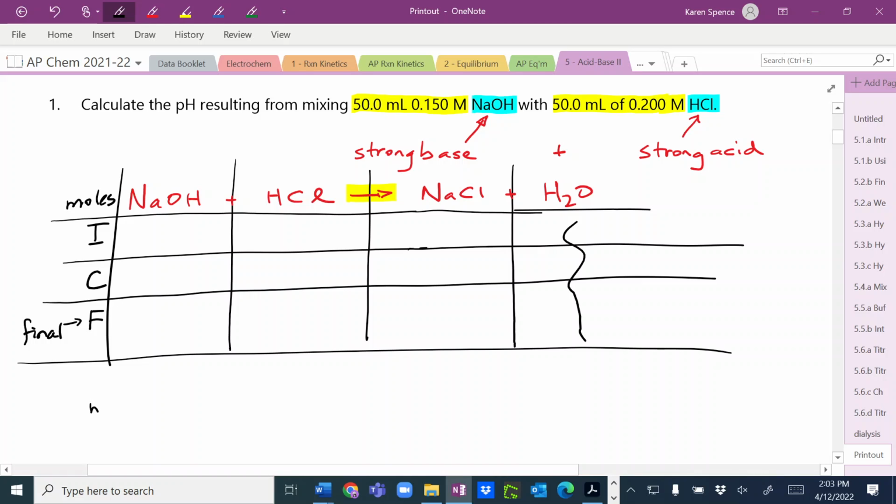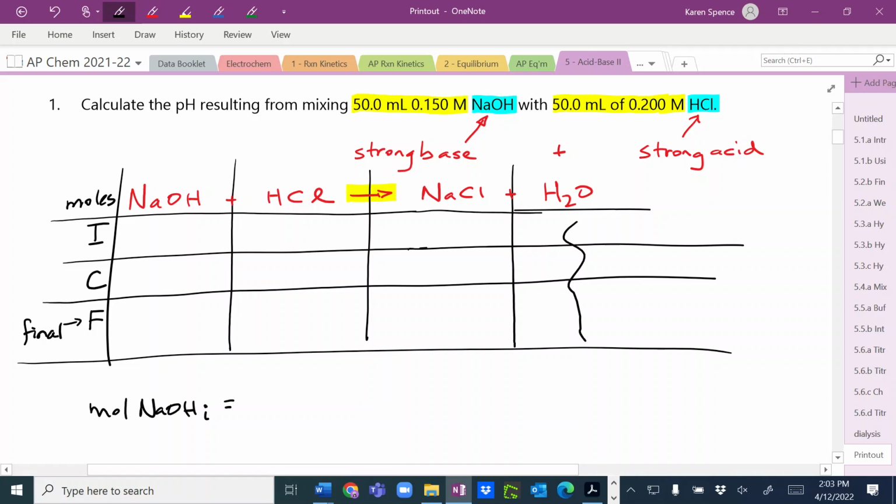Moles of NaOH, let's do that. Moles of NaOH. I'm going to put a little I down there. What does that stand for? Initial, okay. How do I do that calculation? You want to cancel out the milliliters and liters.